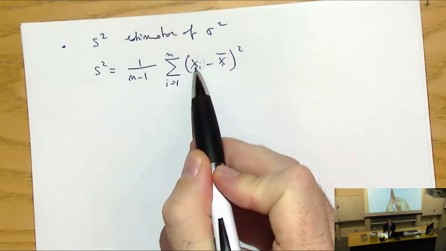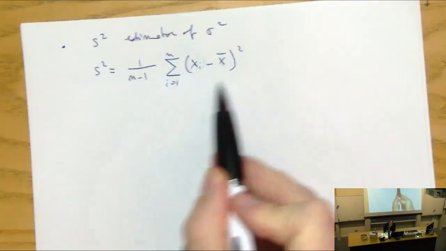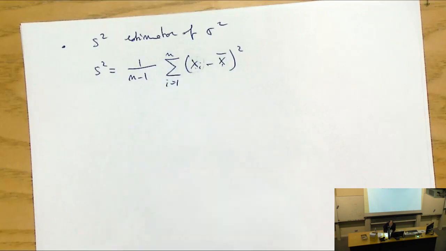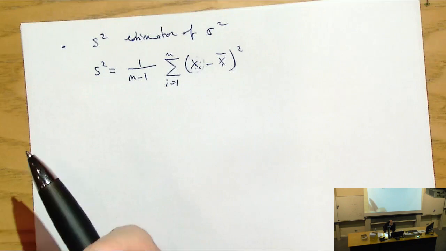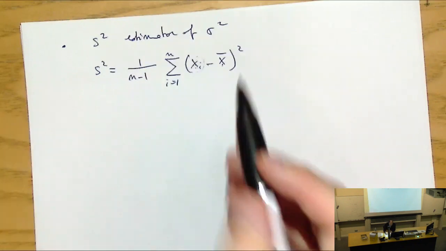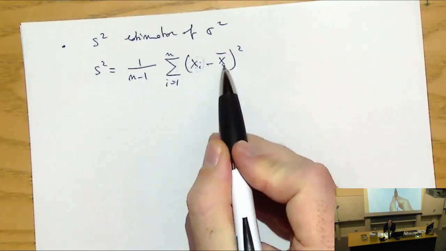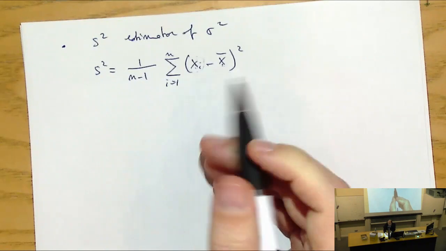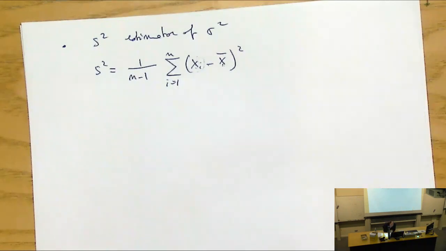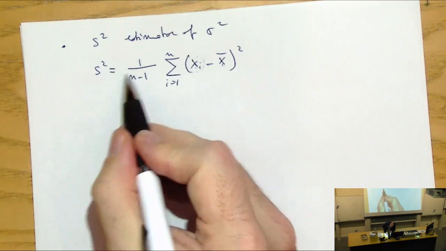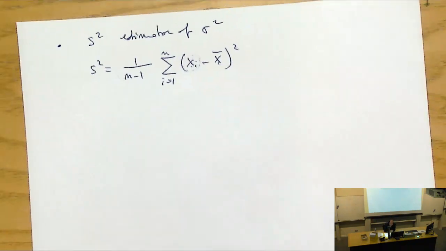You just have an estimator of the variance of x, and you have to rely only on the data that you can measure. So I'm not writing mu here, I'm writing x bar, because I don't know mu. And I'm dividing by n minus 1, not by n. The reason we don't divide by n is because otherwise it would be biased.